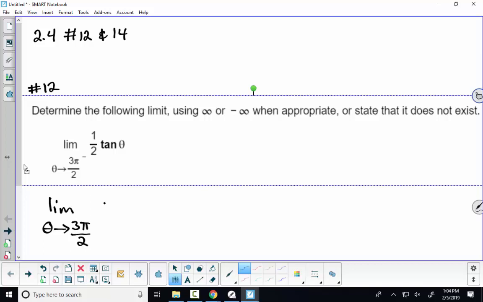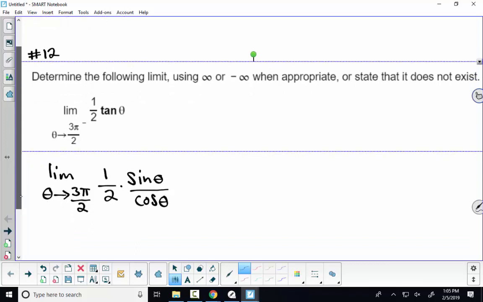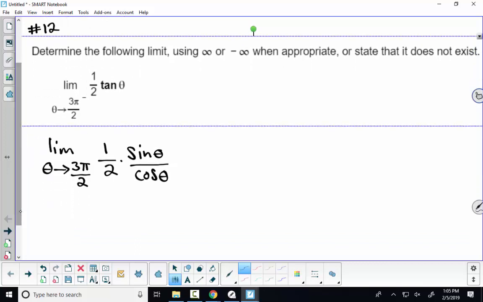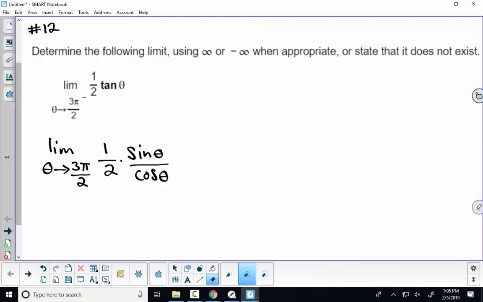So we have 1/2 times tangent, which is sine over cosine. And our limit laws say, what can we do with this 1/2? We can take it out, it's a constant. So let's take that out and deal with it later, because if it's infinity or negative infinity, it's not going to matter that we're multiplying by a half.